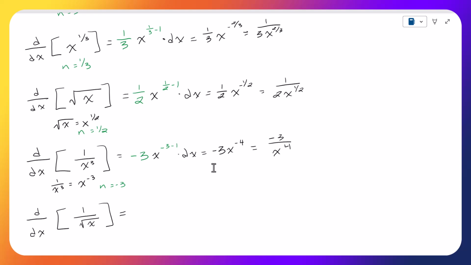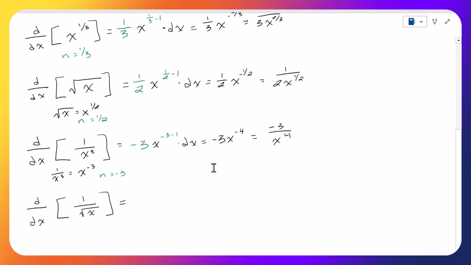There's that example. Last example I'm going to do, we have 1 over the square root of x. Again, we want to make this look like x to the n. So I'm going to first take this 1 over square root of x, and I'm going to say, well, that's the same as 1 over x to the 1/2. And now we'll use our exponent rules to say that this is x to the -1/2. N equals -1/2. So we have -1 over 2 times x to the -1 over 2 minus 1 times dx.